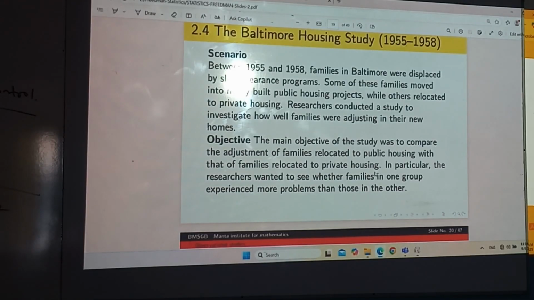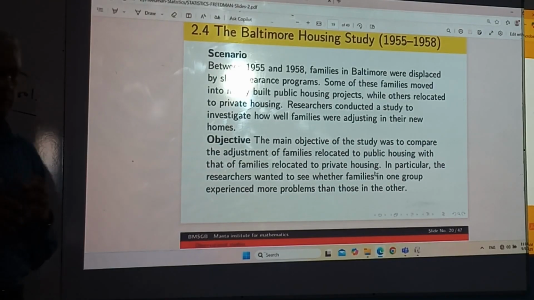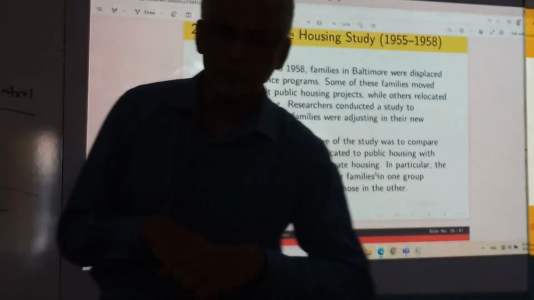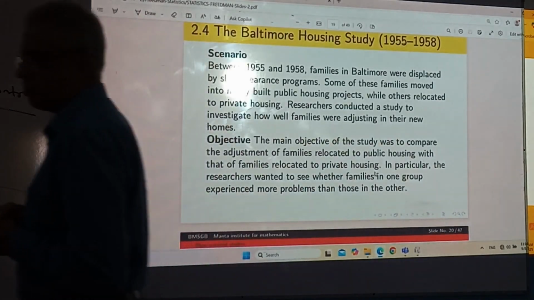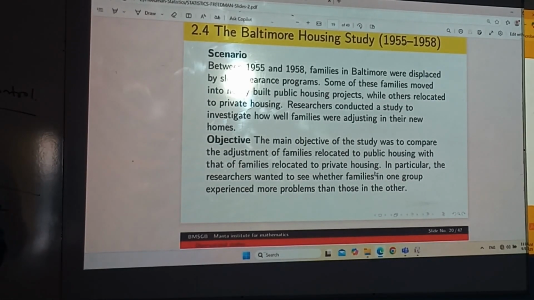In particular, the researchers wanted to see whether families in one group experience more problems than those in the other. So the main focus was to find out whether the amount of problems they face is different in the two groups. Some went into public housing, the others into private housing.